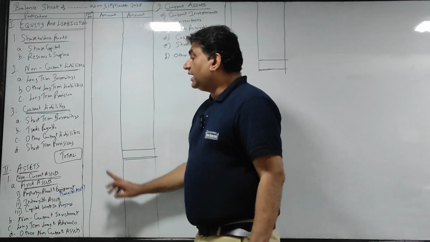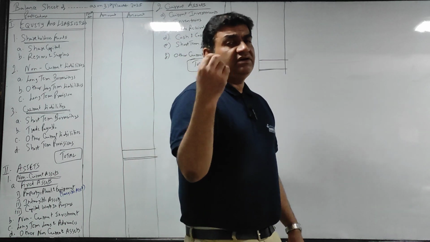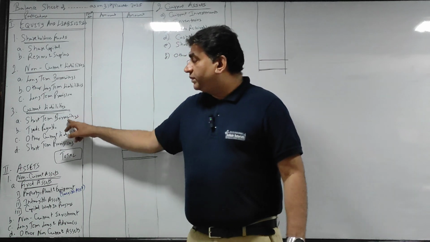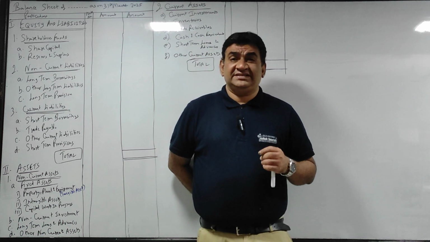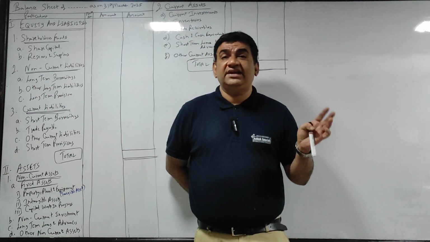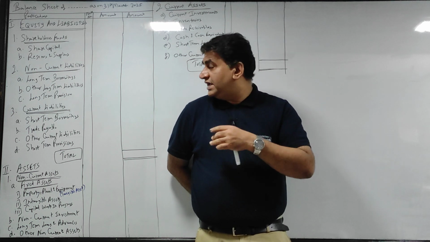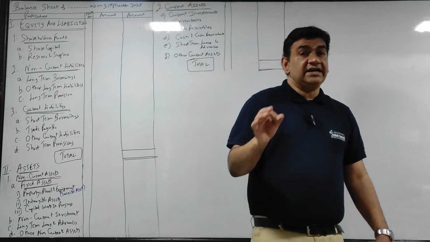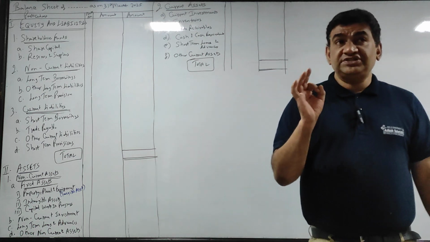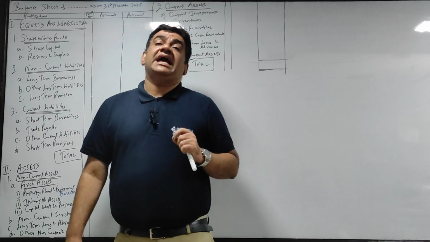After trade payable, other current liabilities. Other current liability means all liabilities other than the above two. To make it simple, outstanding expense, outstanding salary, outstanding electricity, outstanding rent, all that comes in other current liabilities. Expenses paid in advance is an asset. Income received in advance is a liability.